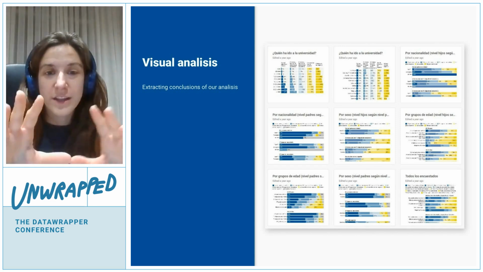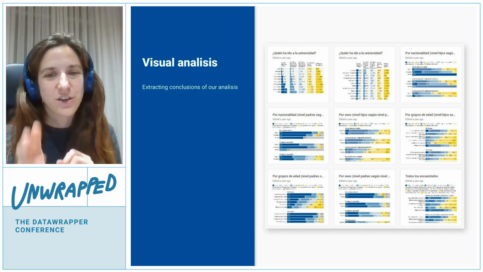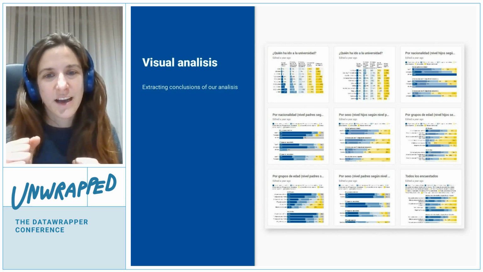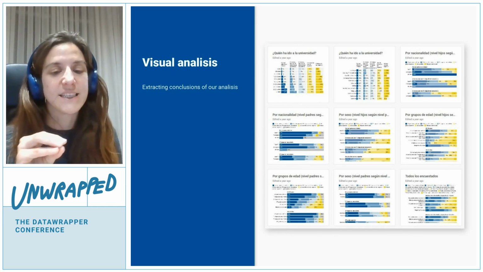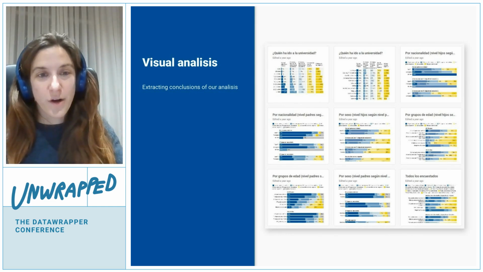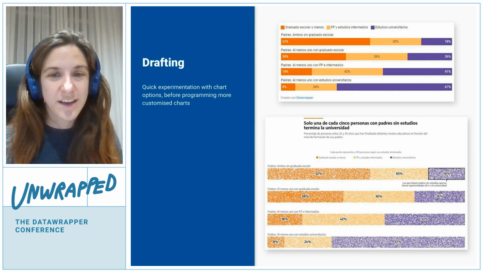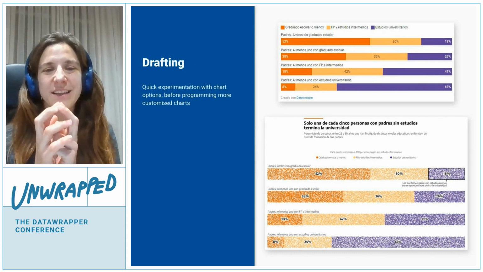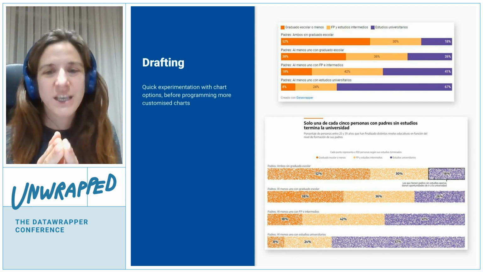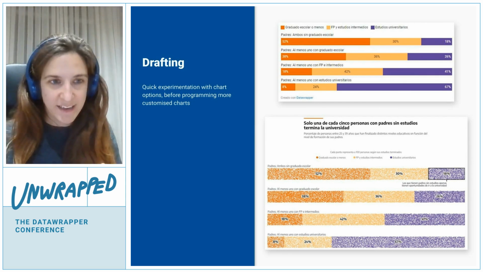And we did all these charts you are seeing here to choose which was the best piece of data that was transmitting this idea. And after was when we finally chose this was the indicator that we were going to use, and we coded the final chart.